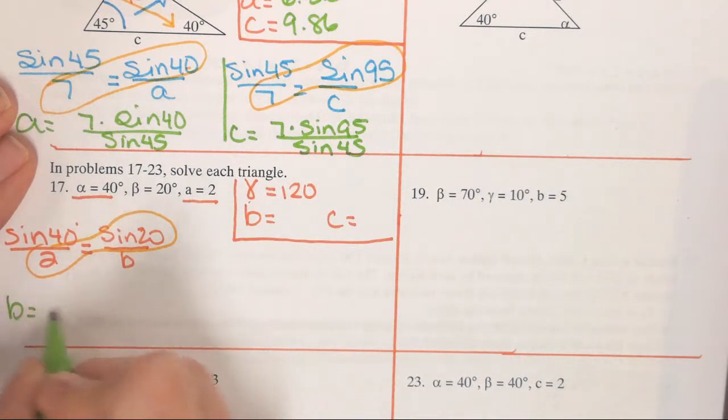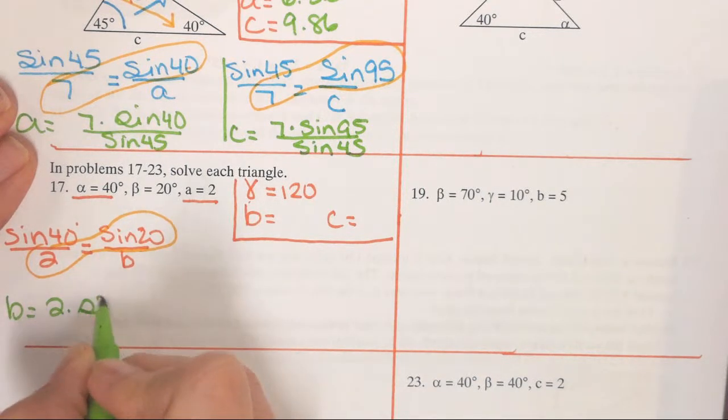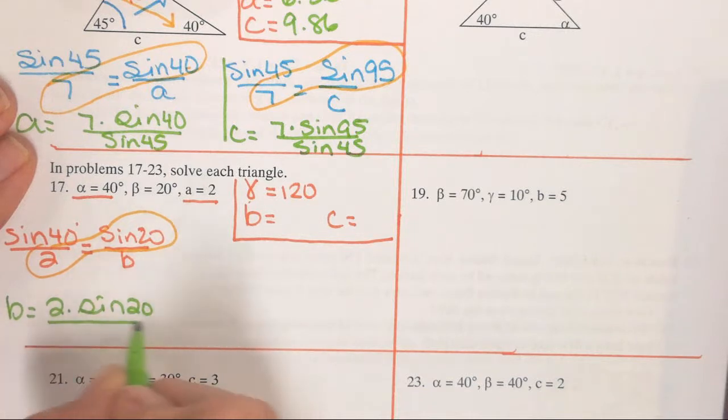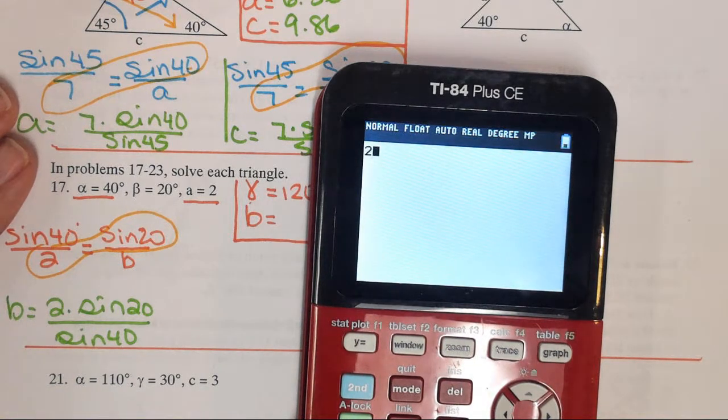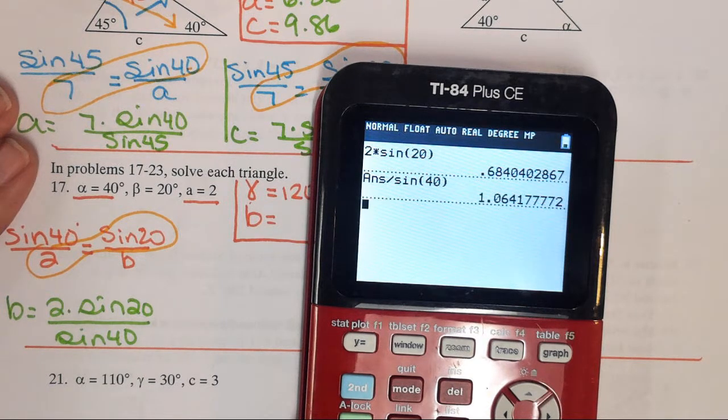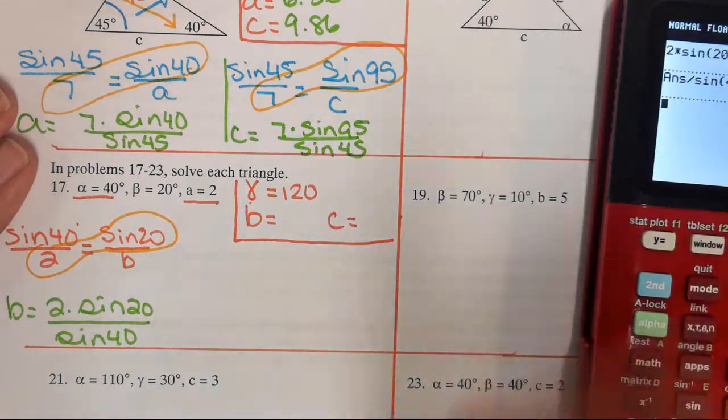So B equals 2 times sine of 20 divided by sine of 40. So 2 times sine of 20, enter, divided by sine of 40. We get 1.06 for B.